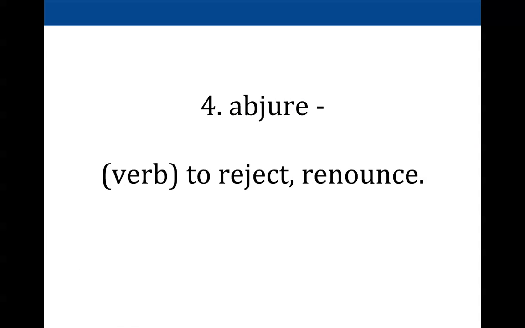Four is abjure, and it's a verb, and it means to reject something, maybe to renounce something, to push it away. And so when you think of abjure, you might think of taking away your allegiance to something, your loyalty.